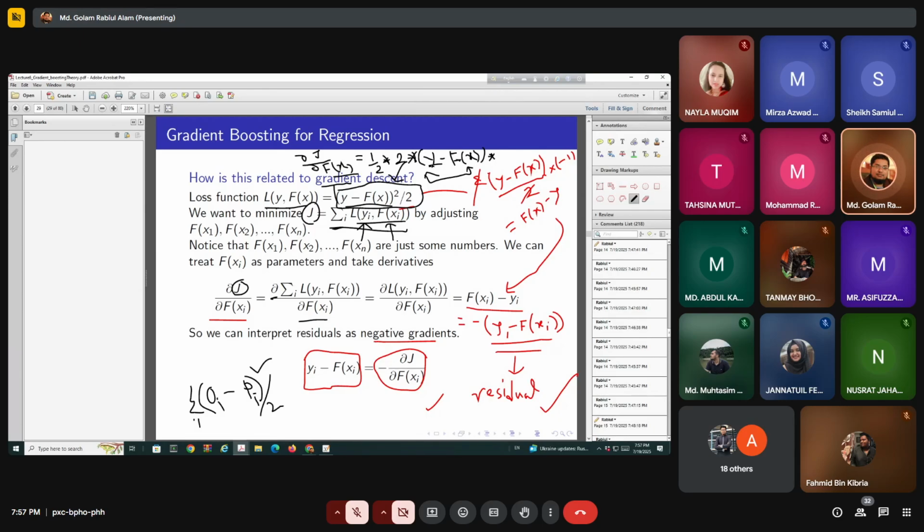If we take the derivative with respect to f of x again, then y is 0 minus f of x. Since we are taking the derivative with respect to f of x, this is 1. Okay. So now we can see this is 2, and here is the half. The 2 and the half cancel out, and we get y minus f of x, and here 0 minus 1, which is negative 1.